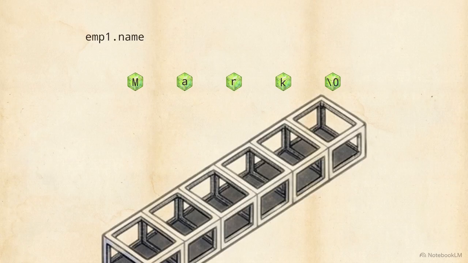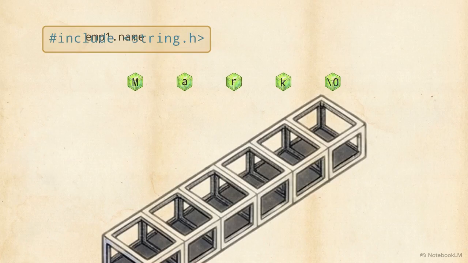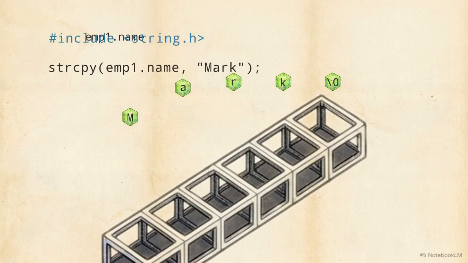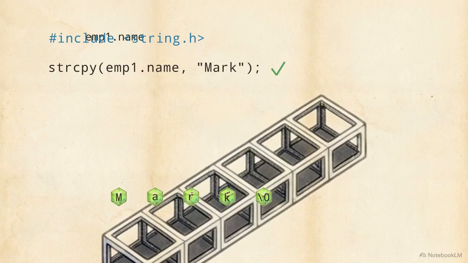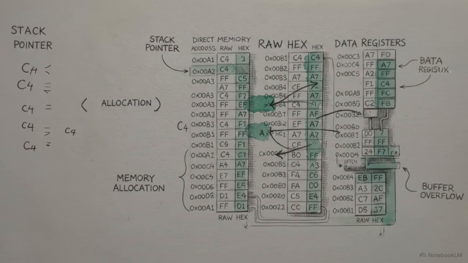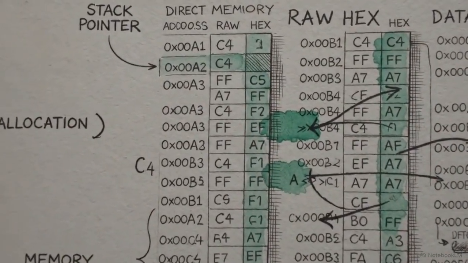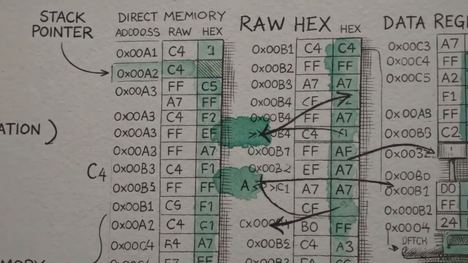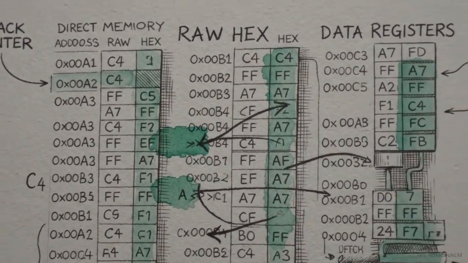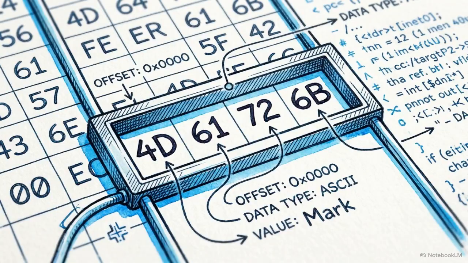We include the string header file at the top of our script and use the strcpy function to manually move our string into emp1.name. C gives you direct, unfiltered access to memory. That means the language won't hold your hand when packing complex data like strings into storage arrays. You are explicitly responsible for how every byte is placed.